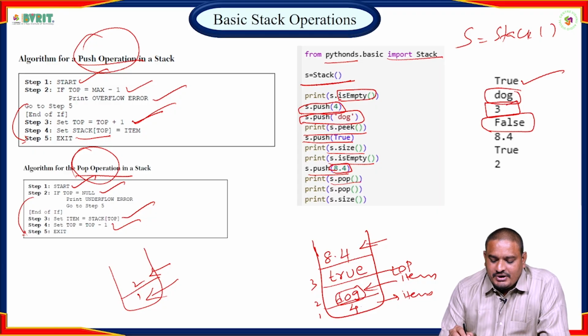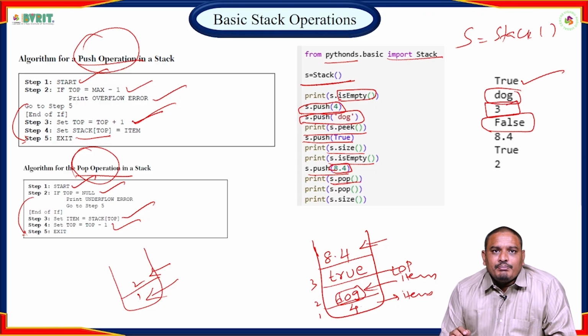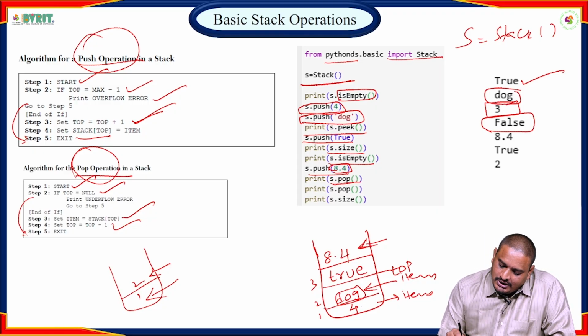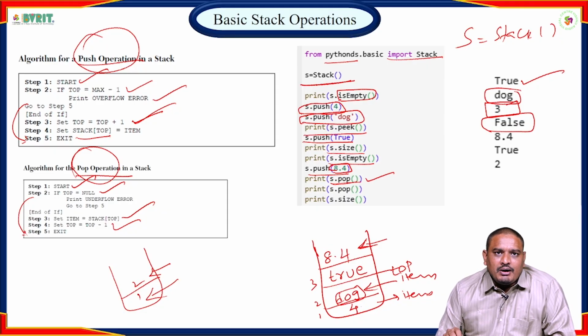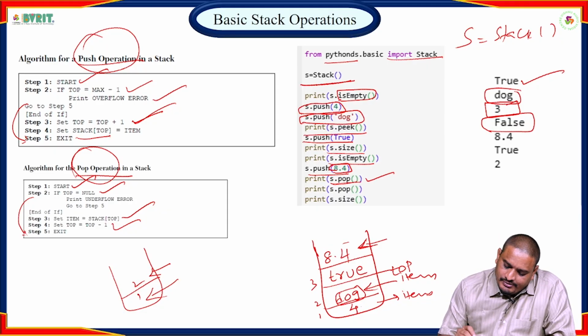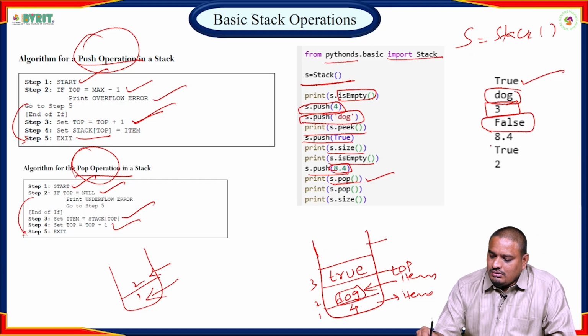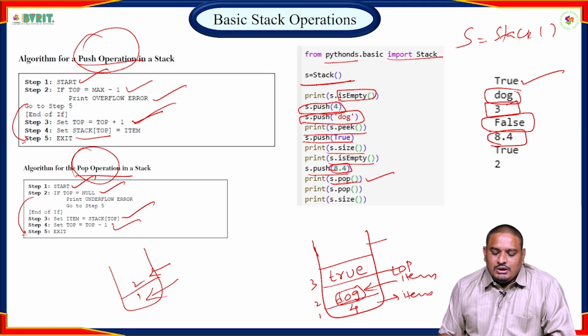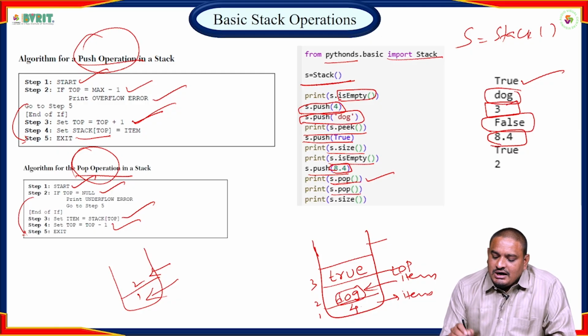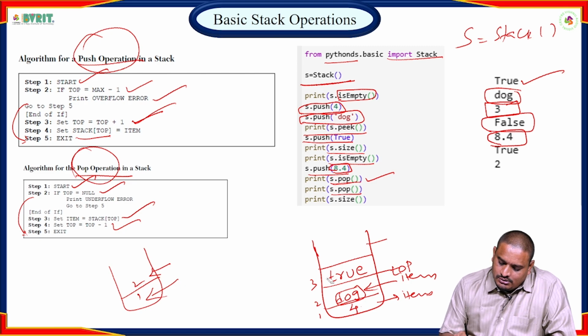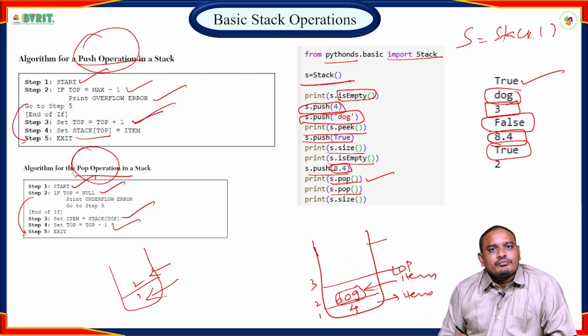Now the next operation is s dot pop. The top element is 8.4, and whenever we apply the pop operation, the top element is removed from the stack. 8.4 is removed from the stack. Next, the s dot pop operation is applied, so here the true item is removed from the stack.